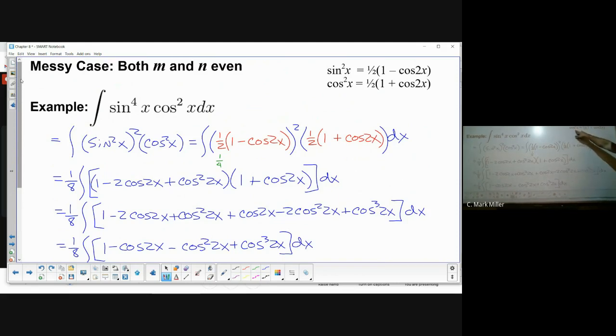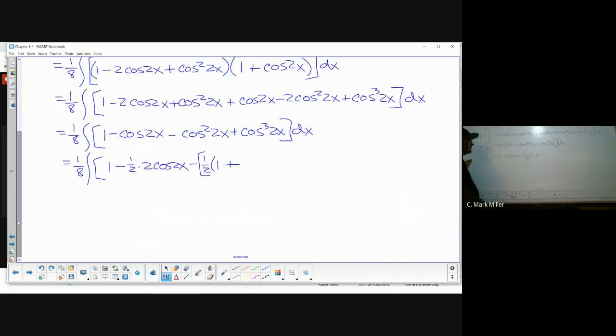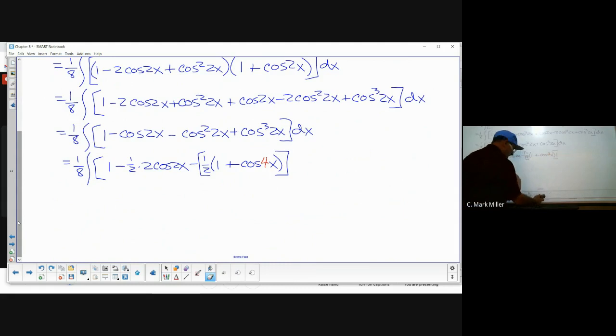Now, the one I'm doing, I already have a cosine 2x there. So this is going to be a cosine 4x. And this bugs me here. I'm going to put that in red too, just so people can see what we're doing.